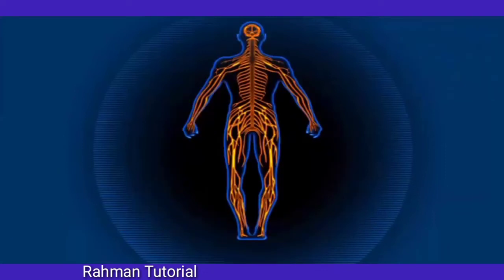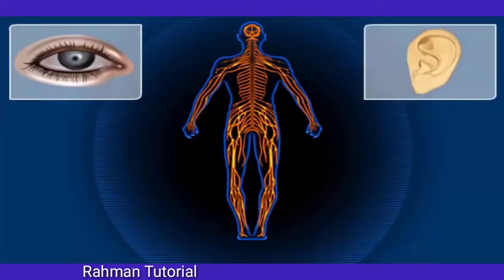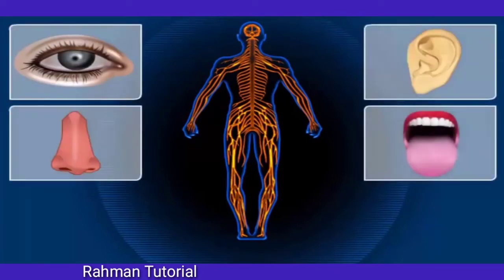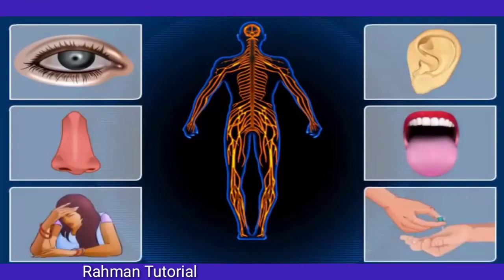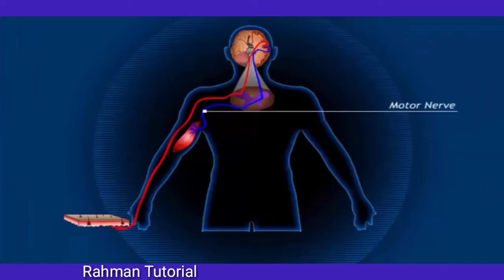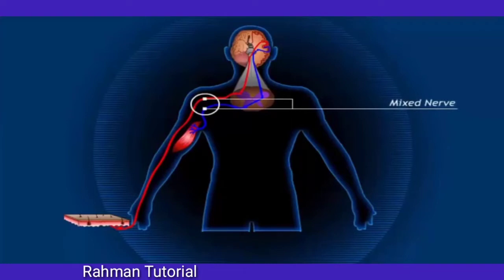So, our sense organs provide the nervous system with information about the environment by means of sight, hearing, smell, taste, pressure, and pain. Motor nerves carry messages back from the brain or spinal cord to all the muscles and glands in the body. Mixed nerves carry both the sensory and motor nerves.